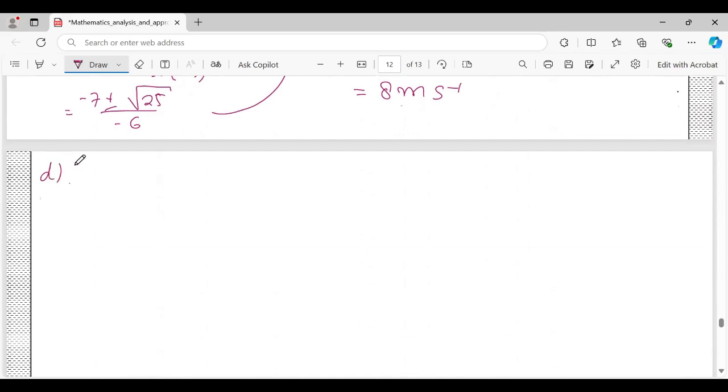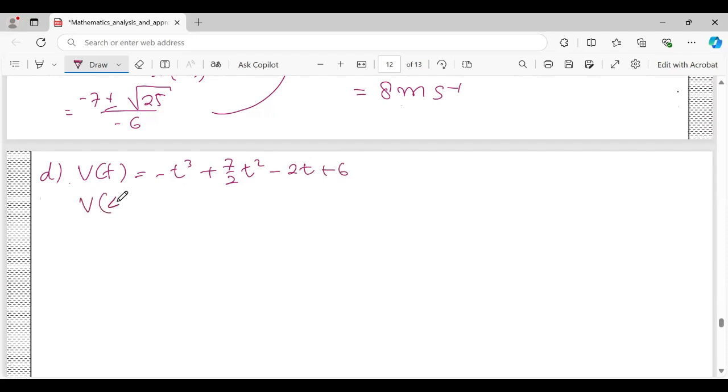So we are going to calculate the velocity minus t cubed plus 7 half t squared minus 2t plus 6.